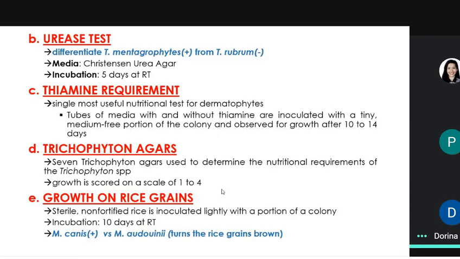Christine! Yes, ma'am. Ano yung function? Ano yung gagawin ni urease? Kasi 'di ba sabi ko, when we're talking of the urease, dapat meron sila ng urease enzyme. Anong ginagawa ni urease enzyme? Ano bang ginagawa ng mga enzyme pag present sila? They break down. Anong bine-breakdown niya dun sa urease test?